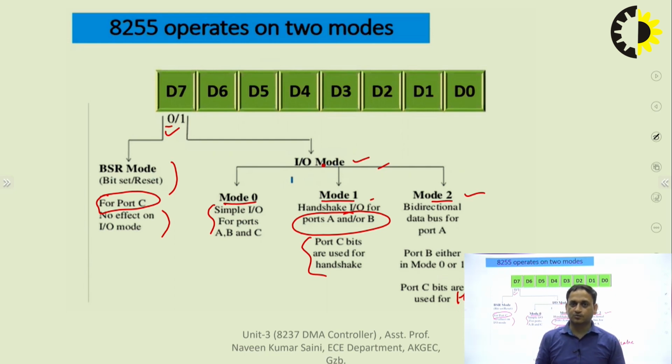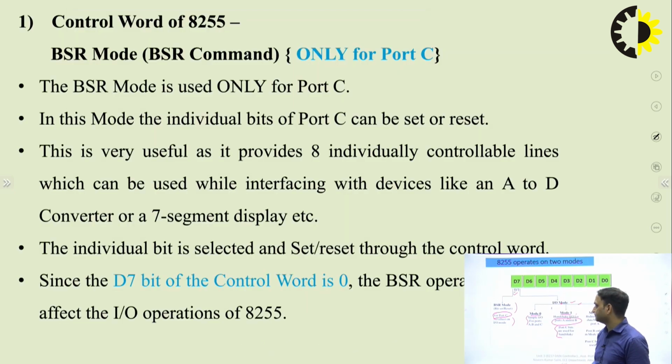This is used to initialize the IC. How we initialize the ICs, what function we have to take from the IC, or what function it will perform, will depend upon the bits of the control word register. So in which mode these things will be working.